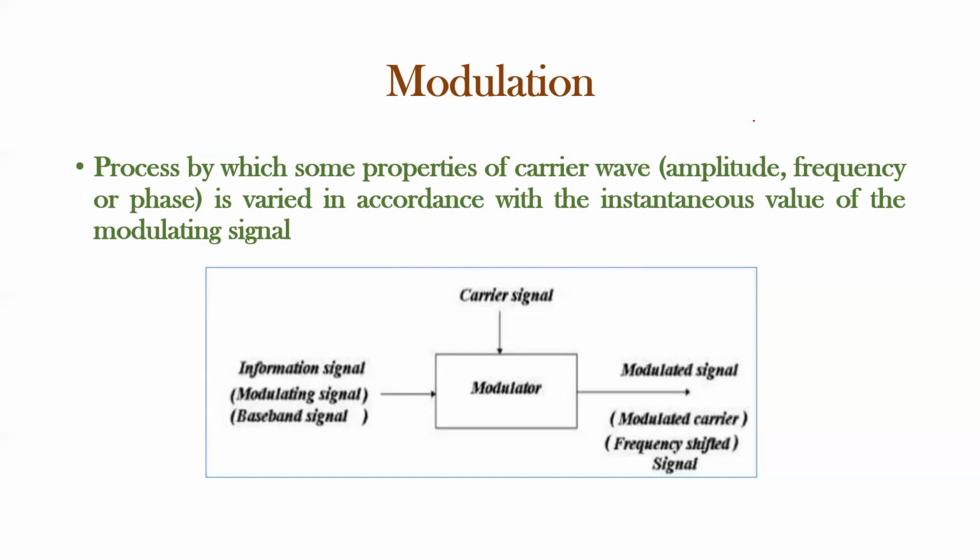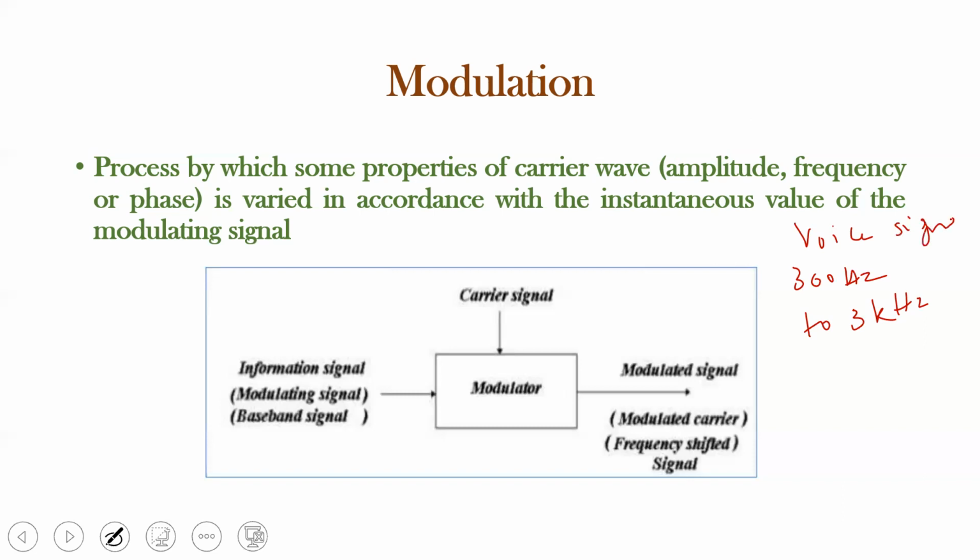Usually, the range of a voice signal will be from 300 Hertz to 3 kilohertz, which means this voice frequency or audio frequency is very low. It's in the range from 300 Hertz to 3 kilohertz.